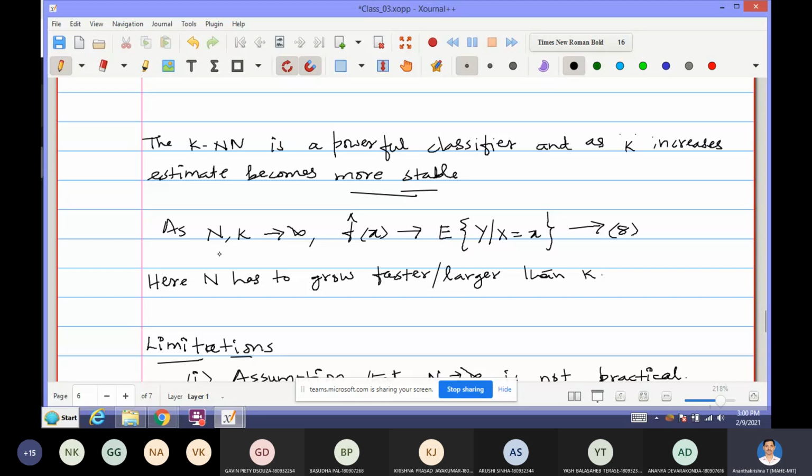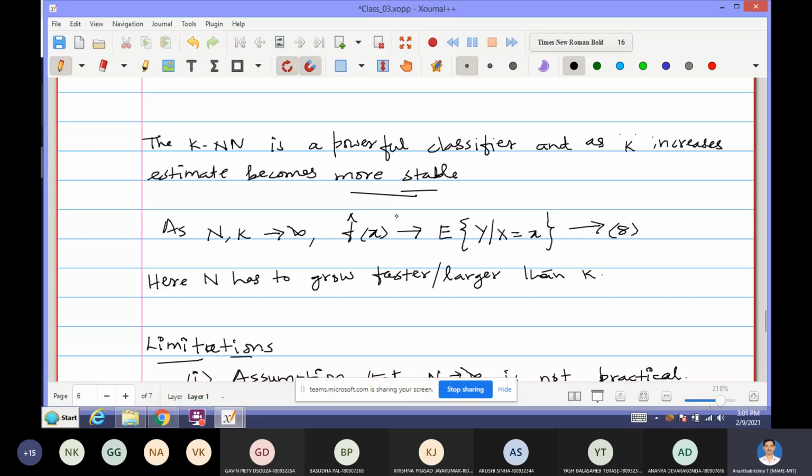Both k and N have to tend to infinity, where capital N represents the number of data points in the input, and k represents the number of neighbors that you are considering. As the number of input data points tends to infinity, for larger values of k you would see that there is stability.